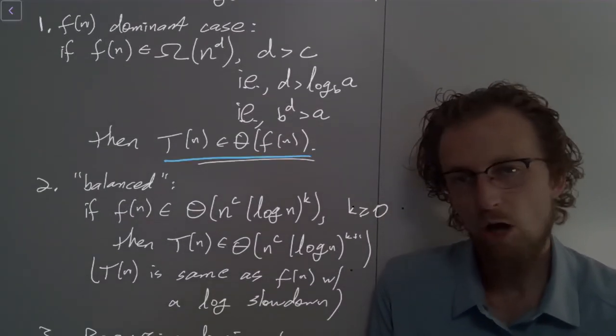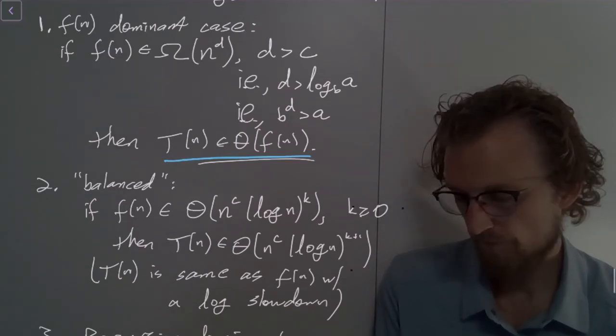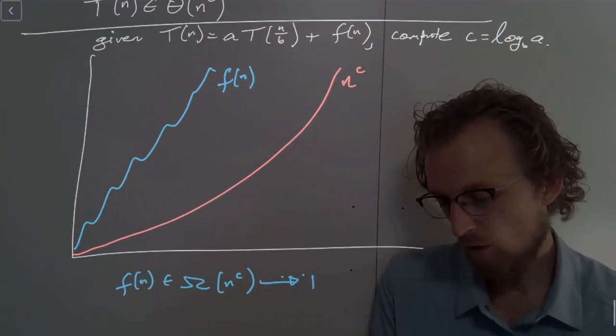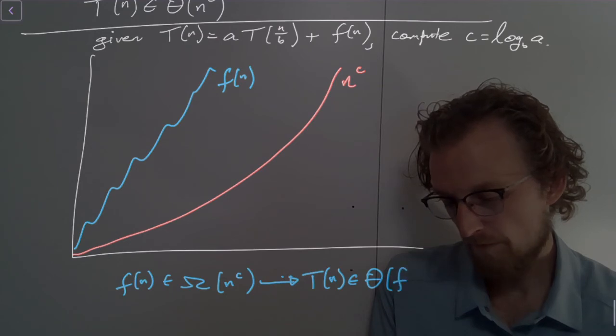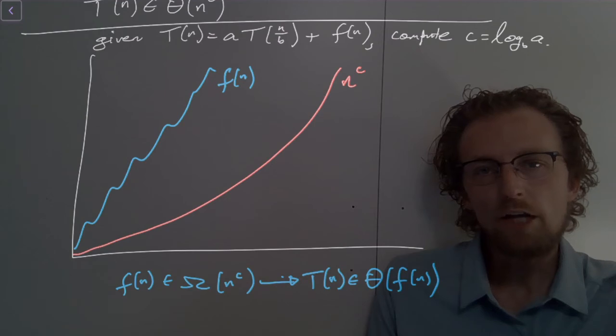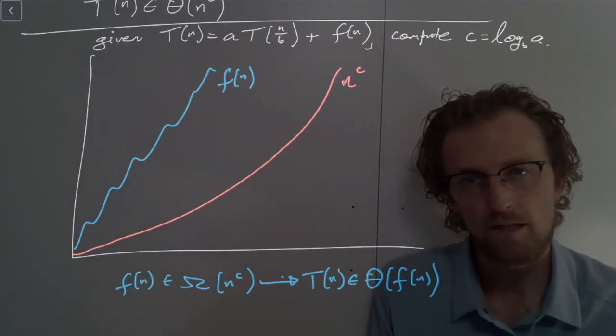Well, it means that the overall recurrence relation has the same complexity as the overhead, right? As simple as that. What do we get? Well, then T of n, the whole thing, is big theta of f of n. And all we needed to know is that f of n was asymptotically worse, grew faster asymptotically than n to the c.